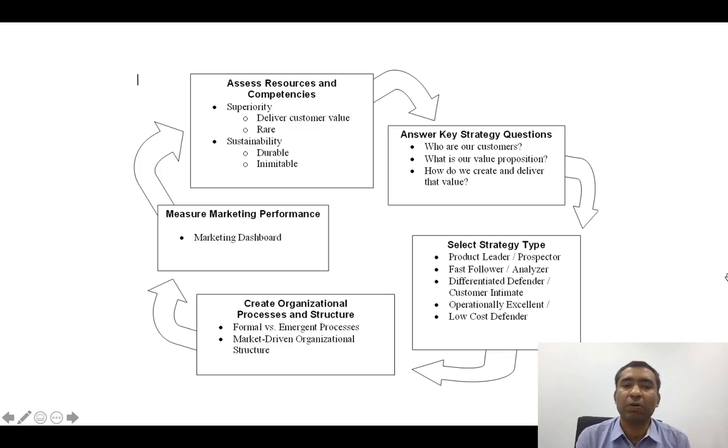Superiority depends on delivering customer value and how rare your product, services or competencies are. The second thing is durability and imitability. This is related to sustainability. If your core competencies are durable and very difficult to imitate, it means that your product or services and your competencies are sustainable.